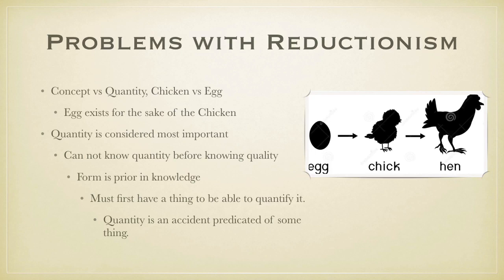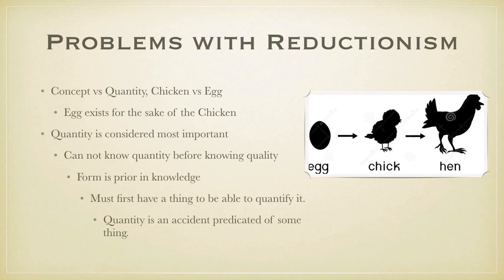Not only is reductionism problematic insofar as it means we are ultimately living a lie and not seeing what is really there, but there is a problem in terms of concept versus quantity and what comes prior. For it is an equivalent of the chicken versus egg scenario. In this classic question of which comes first, the chicken or the egg, the answer is ultimately the chicken.